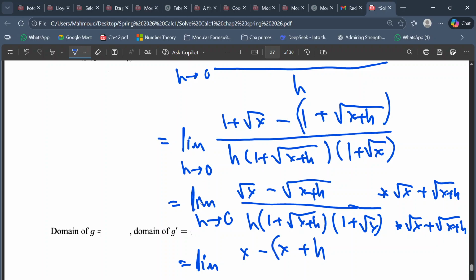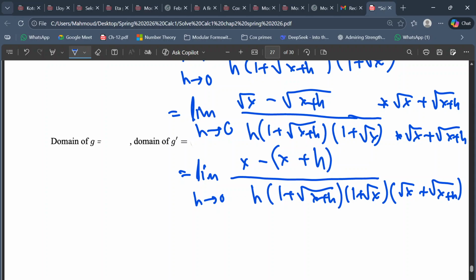Yeah, we need to put the brackets. This will be just h, right?